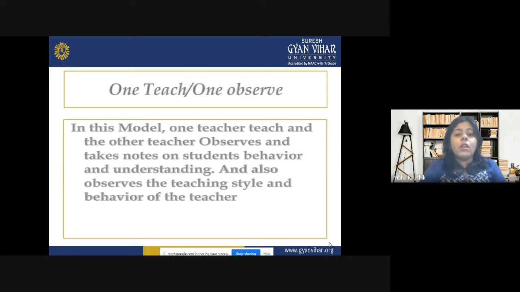In this model, one teach, one observe. One teacher teaches and the other teacher observes and takes notes on students' behavior and understanding.